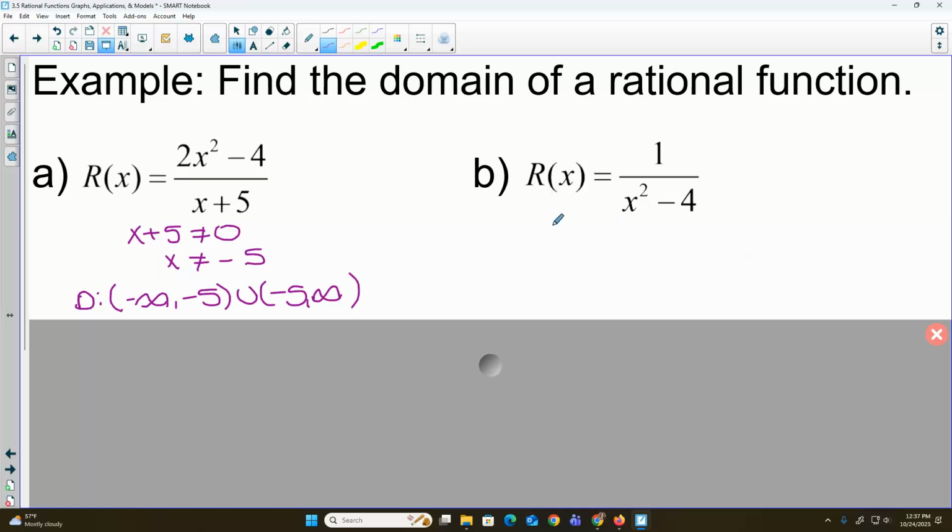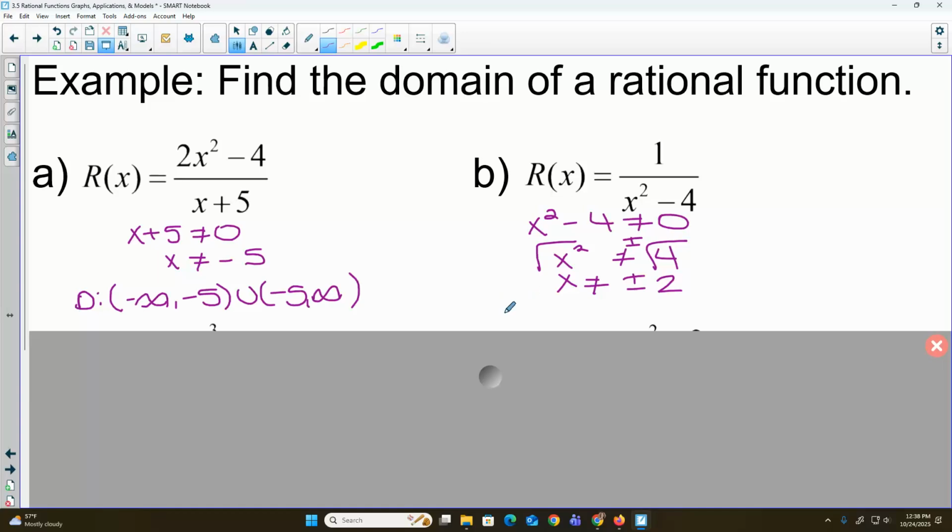B, x squared minus 4 can't be 0. So what would you do? If you add a square root, what else do you need? So x can't be positive or -2.